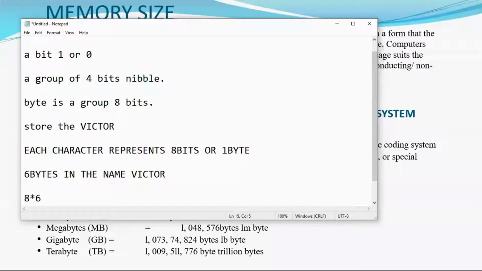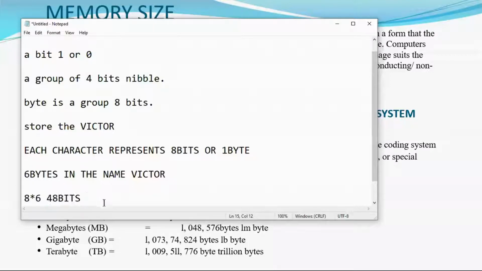So 8 times 6, what do we get? 48. Exactly, 48. So we shall have 48 bits in the name Victor. So the computer has to reserve 48 bits to store this information. I hope the conversion is clear.